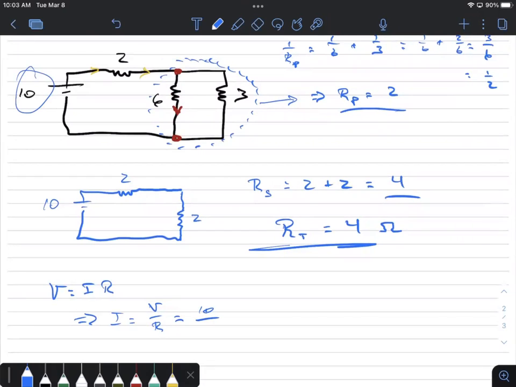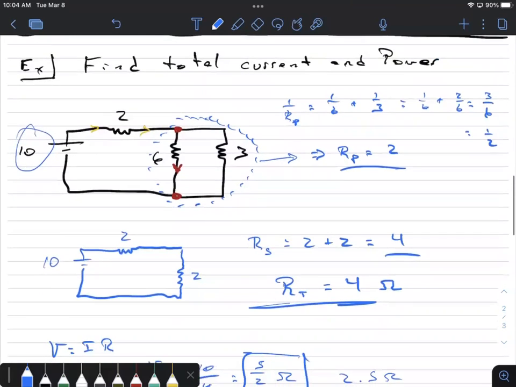Well, at the beginning of the problem, I don't know the total resistance. So I did all of this work simply to get the total resistance of my circuit. And what do I know? I calculated it to be 4. So 10 over 4 is 5 over 2, or if you want the decimal, it's 2.5. All right, so there's my total current.